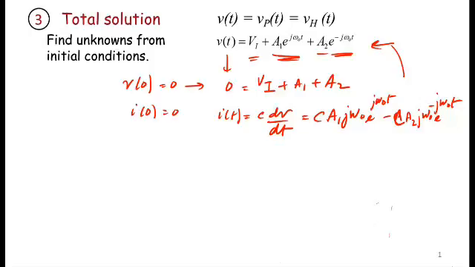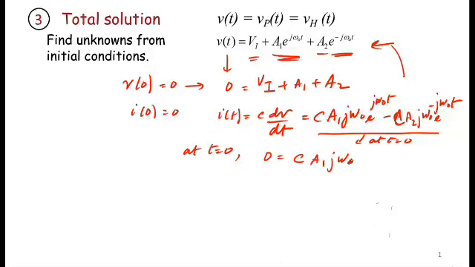We know that I of t is equal to 0 at time t equal to 0, so I of 0 is 0. Then this 0 is equal to this thing evaluated at t equal to 0, which is simply C A1 j omega naught minus C A2 j omega naught, and that equals 0.